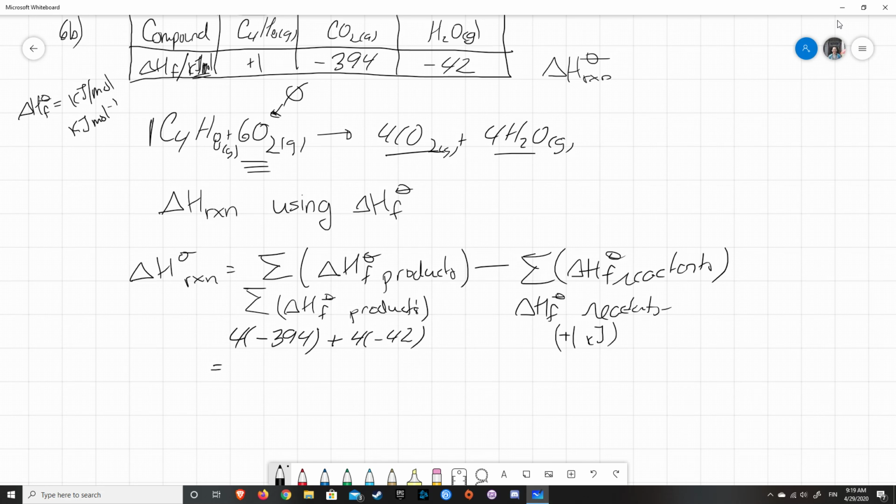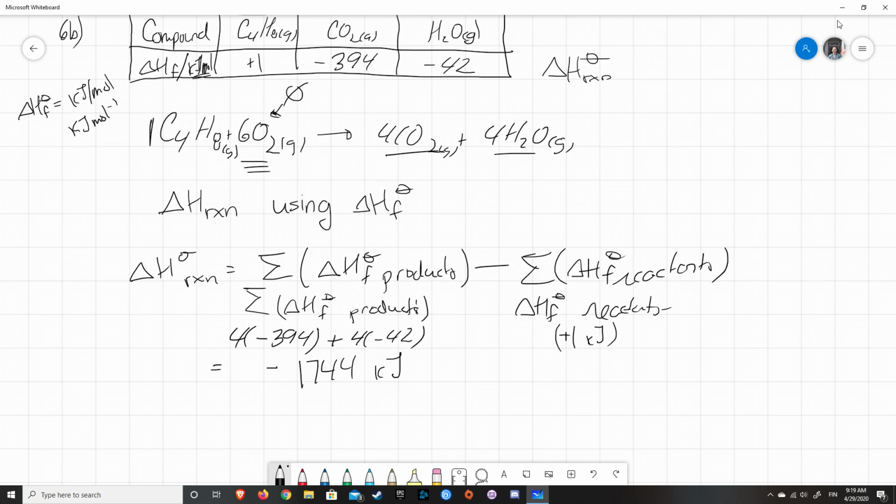All right, I'm back. So I'll do this calculation off the screen just because I don't like that on-screen calculator. 4 times negative 394 plus 4 times negative 42, and our answer comes out to be negative 1,744 kilojoules.